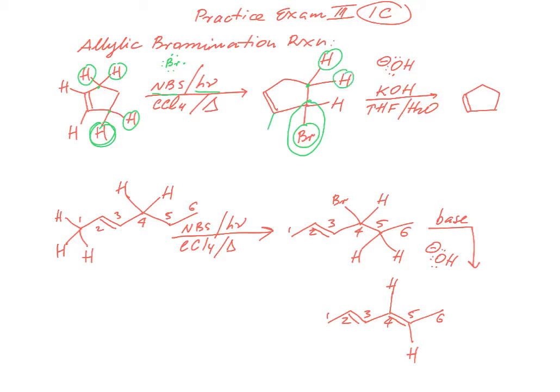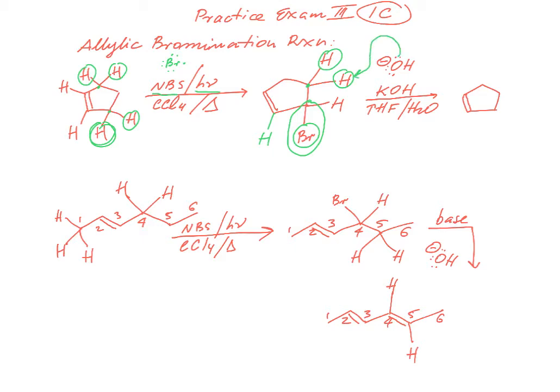Notice that the vinylic hydrogen is also an alpha hydrogen, but it's not acidic and it will not undergo elimination. So base will attack one of these acidic alpha hydrogens.